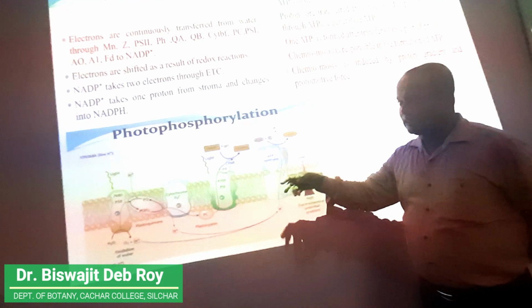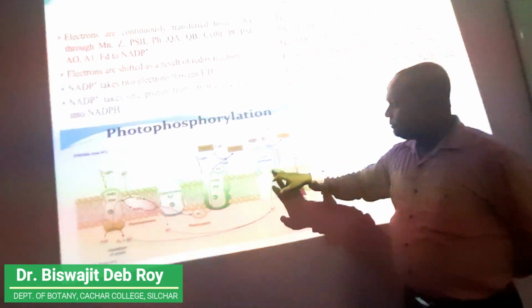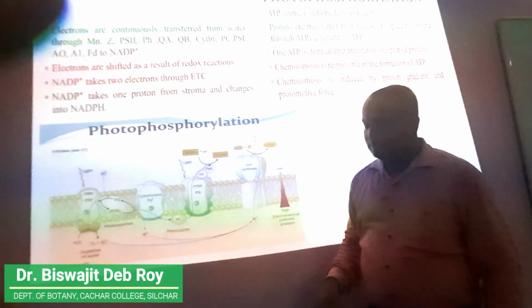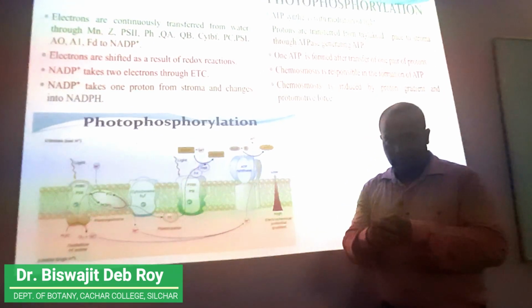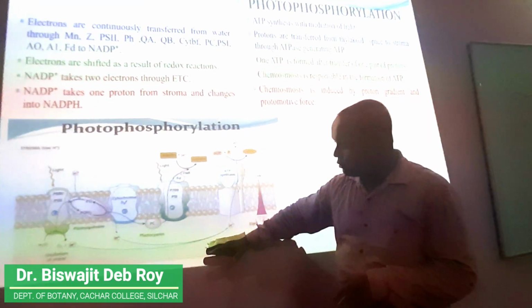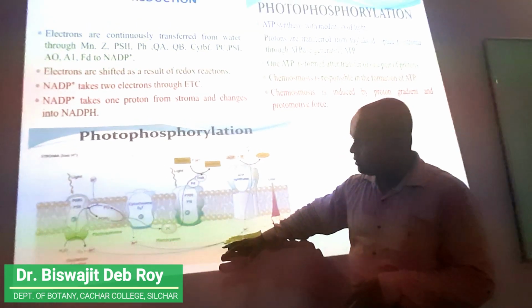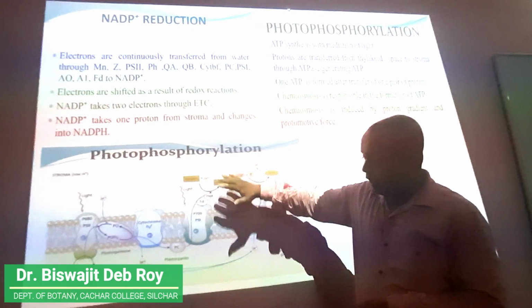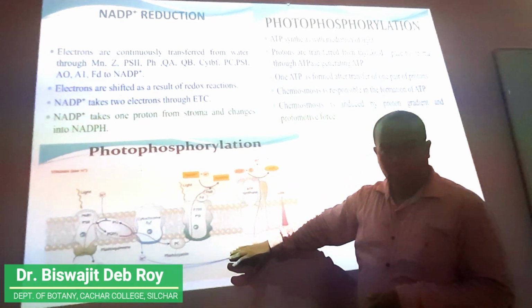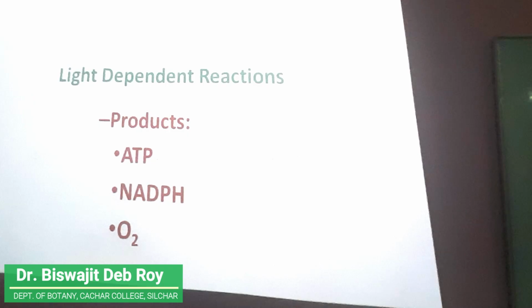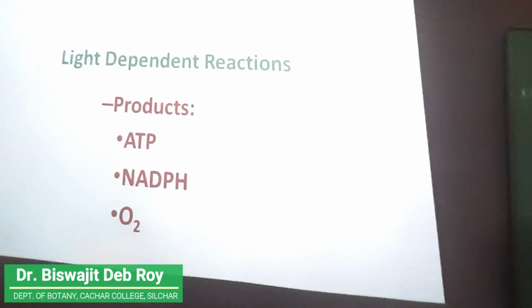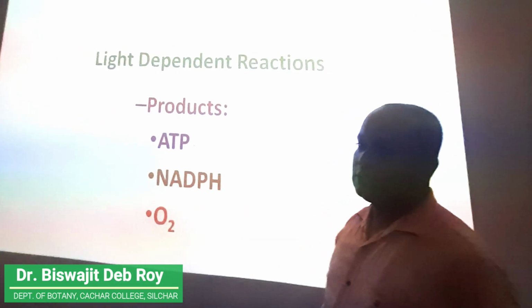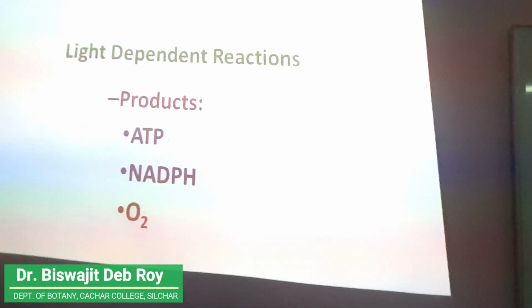ATP synthase is just like a badminton racket. The outer side is the chloroplast matrix, stroma, and the inner side is the lumen. The products are ATP, NADPH, and O2. These are the 3 products of light reaction.